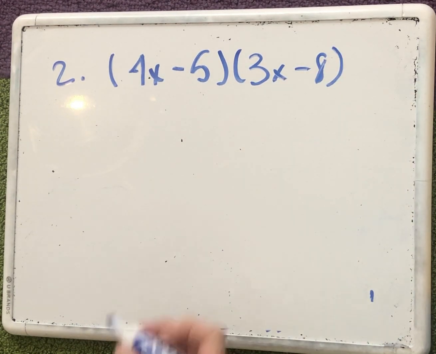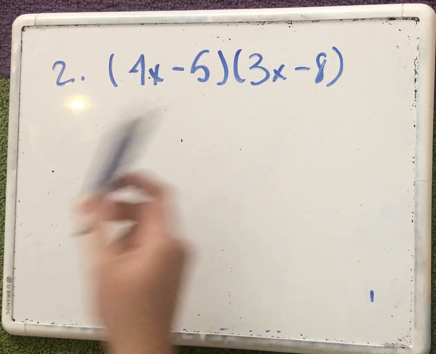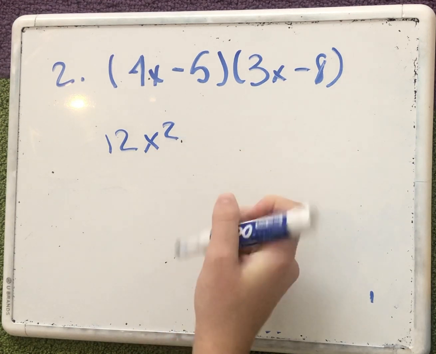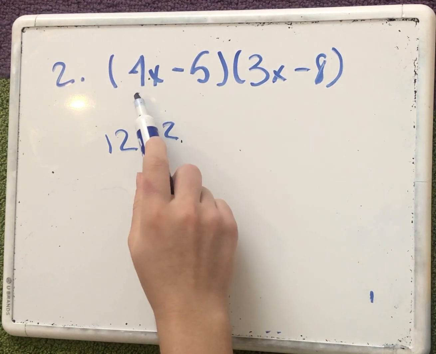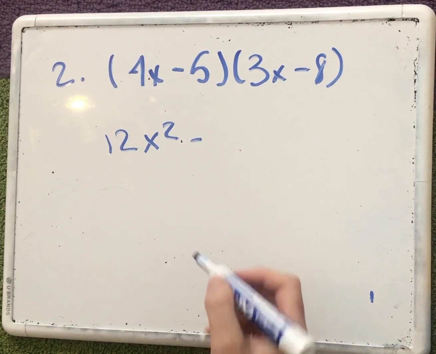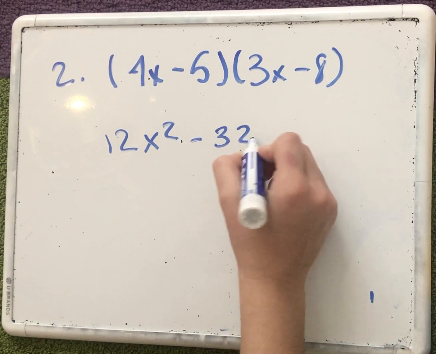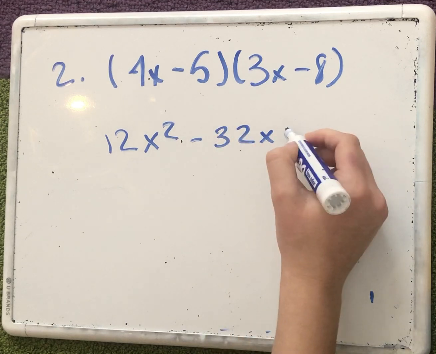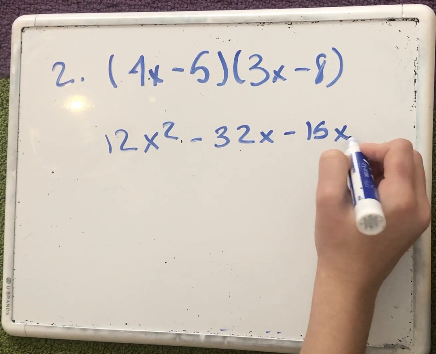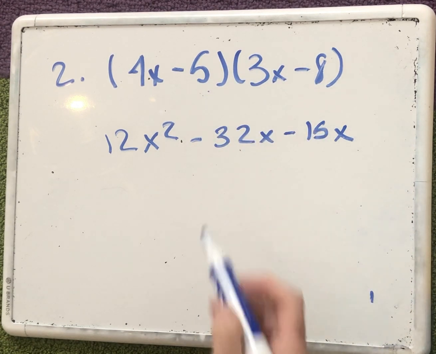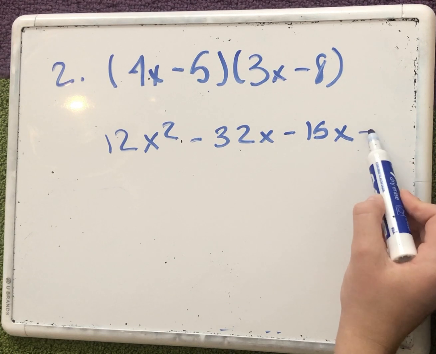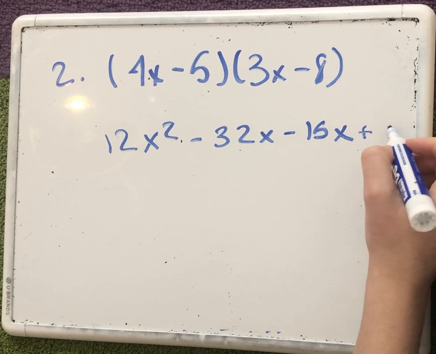Again, first is 4x times 3x, which is 12x squared. Then the outer, which is 4x and negative 8, so it's negative 32x. Then the inner, negative 5 and 3x is negative 15x. And negative 5 and negative 8 for the leftover is positive 40.